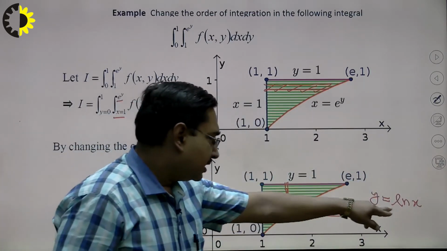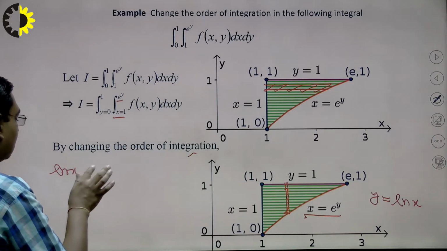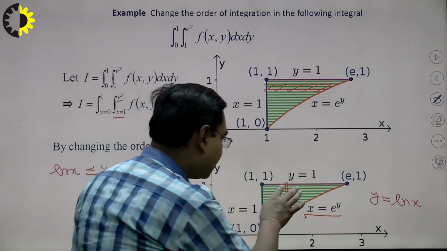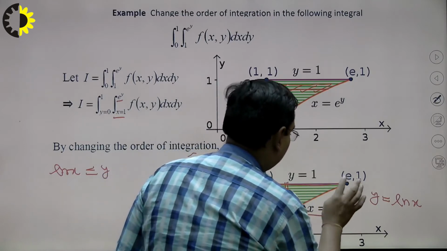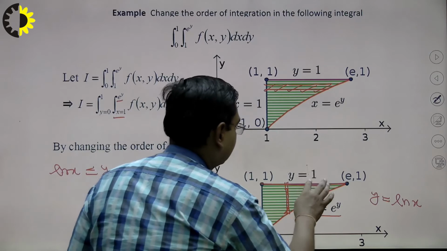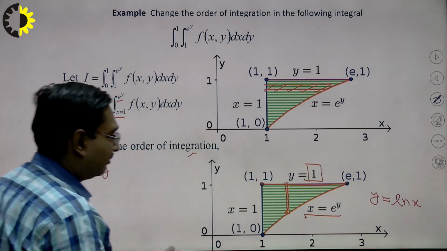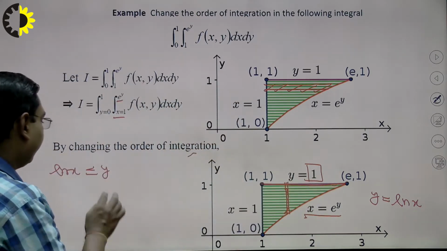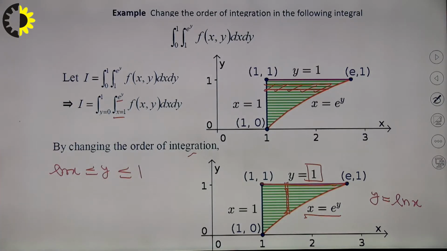So, this ln x will be the lower limit for y. The highest point of this vertical slice is touching this line. The equation of this line is y equal to 1. So, the value of y obtained from the highest point will be 1. So, the upper limit of y will be 1.